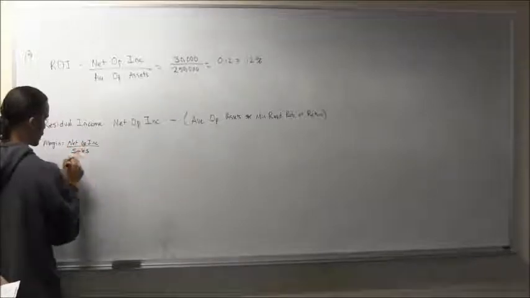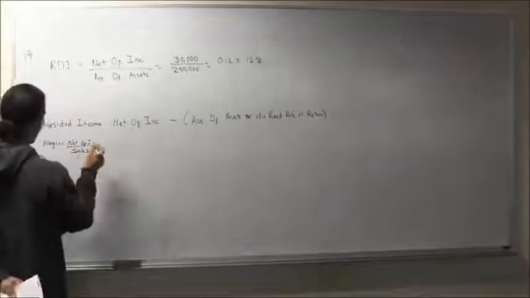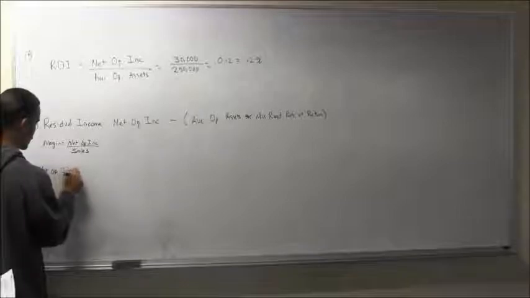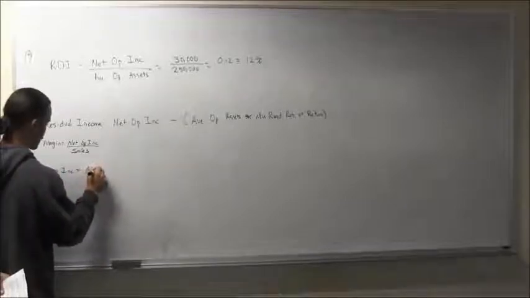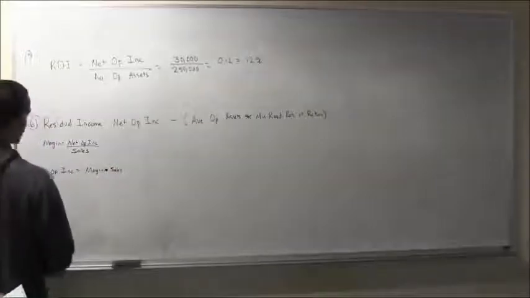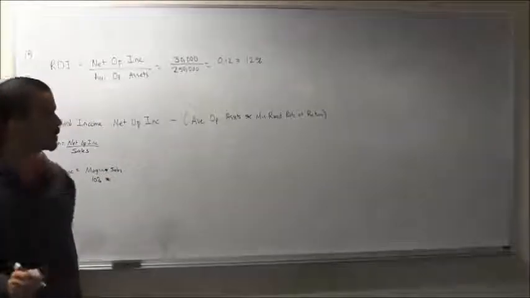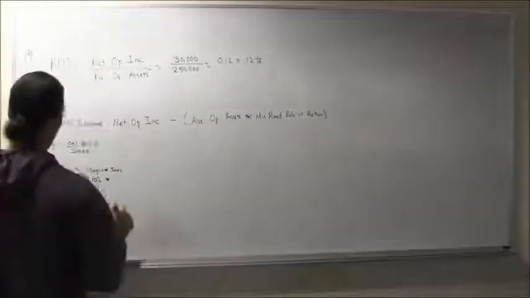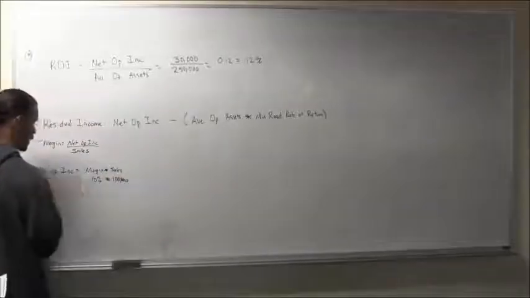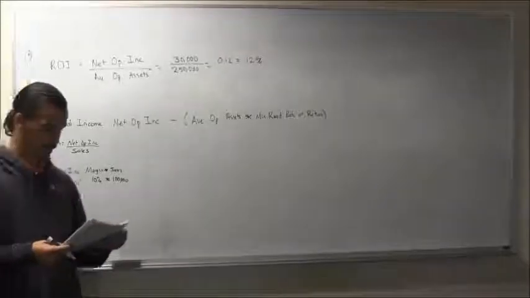So if I want to get my net operating income, it is just your margin times your sales. Our margin is 10%. Our sales are 100,000. So our net operating income is 10,000.